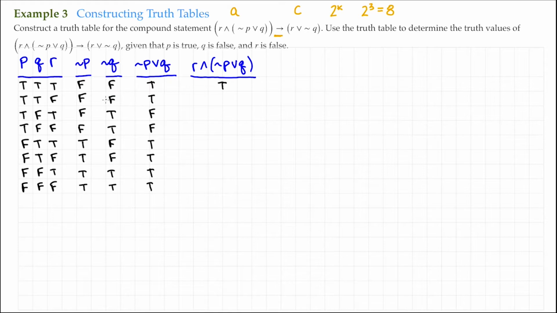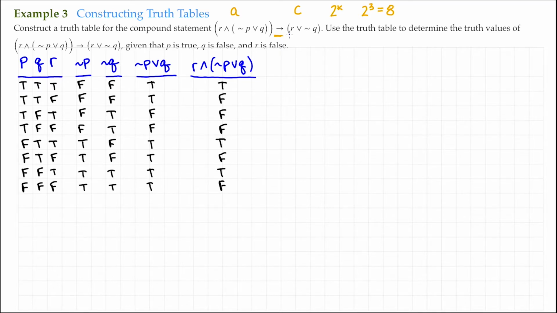It's true here. It's false here. It's true here, and it's true here. So that's true. It's true here and false. True here and true here. And I think that's it. Other than that, the rest are going to be false.